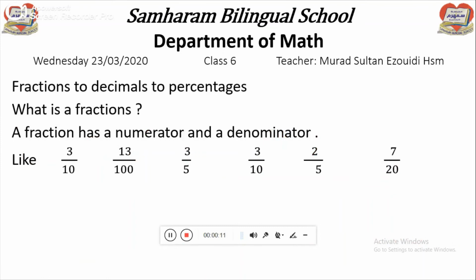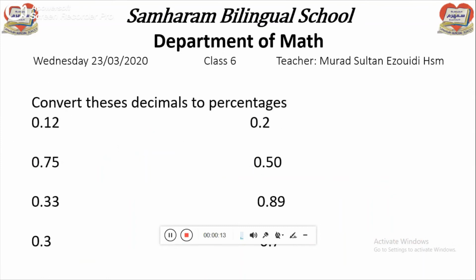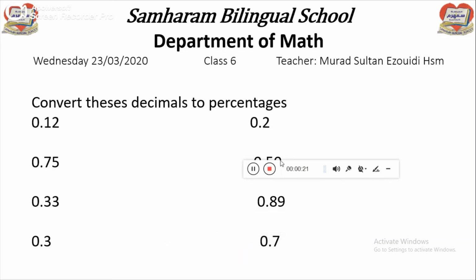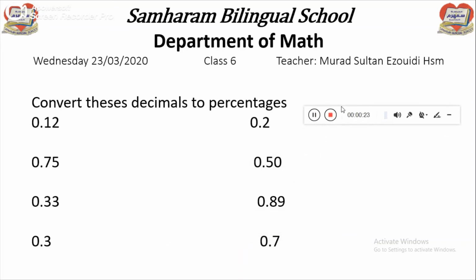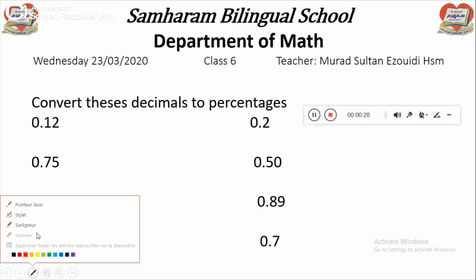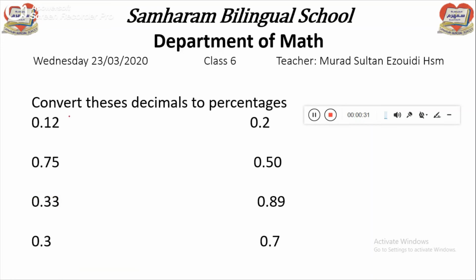Now we have another question. Who can read the question? Good boy. Try to convert these decimals to percentages. The first one, my kids, is 0.12. You will just write 12 divided by 100.